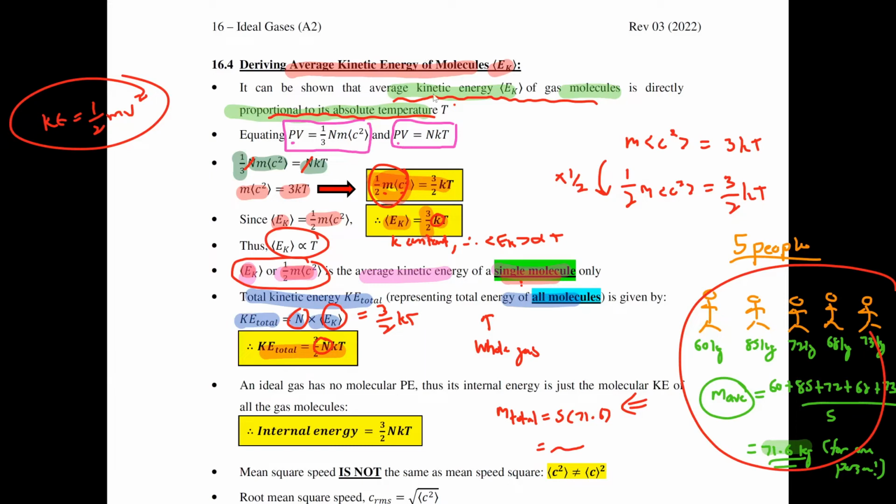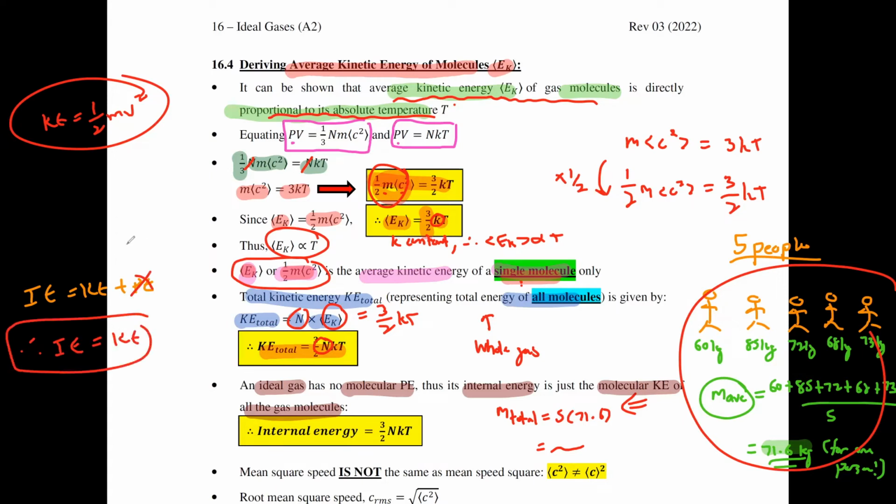Remember, I mentioned to you before that an ideal gas by right has no molecular potential energy. So its internal energy is actually just the molecular KE of its gas molecules. Just to recap, IE is KE plus PE. So if your PE is gone, therefore IE is just KE.